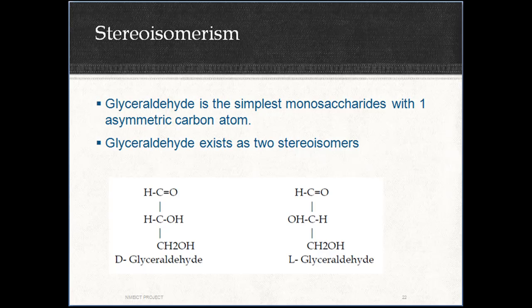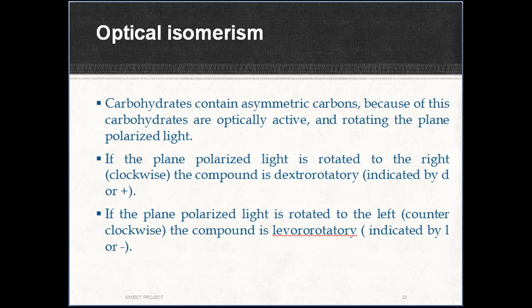Another important term, optical isomerism. Carbohydrates contain asymmetric carbons. Because of this, carbohydrates are optically active, rotating the plane polarized light.